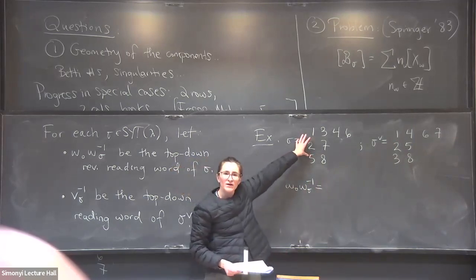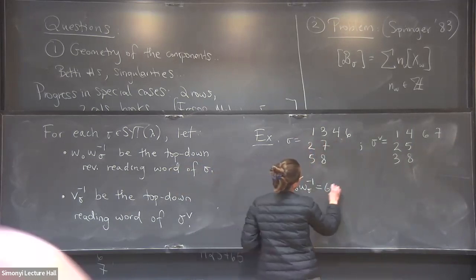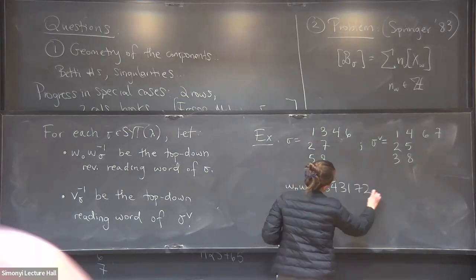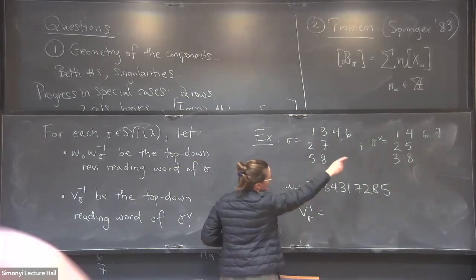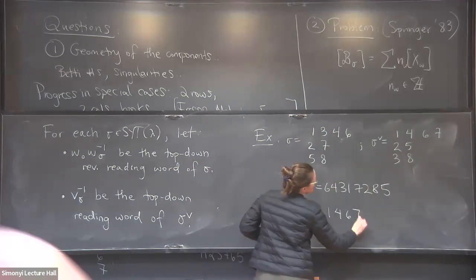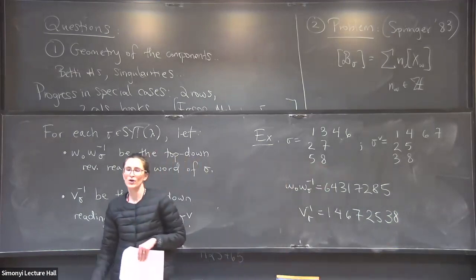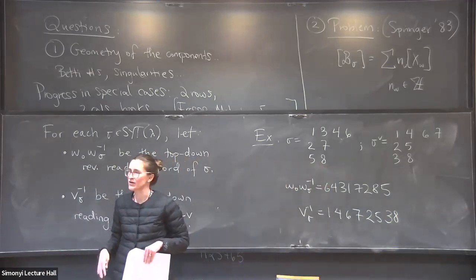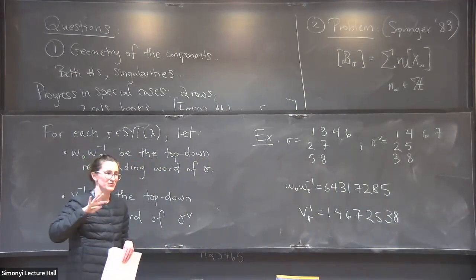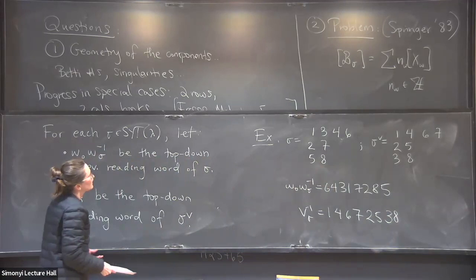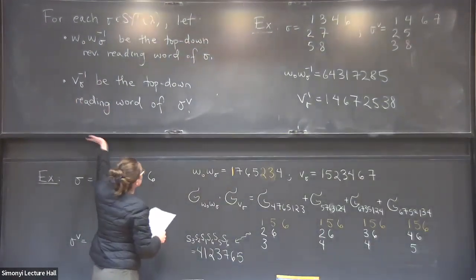It's the reverse reading word of sigma: 6, 4, 3, 1, 7, 2, 8, 5. And then V sigma inverse is 1, 4, 6, 7, 2, 5, 3. I like the English reading word of your tableau, but I know that reading word usually means from the bottom up, left to right, right? So I just learned. So let me tell you the theorem.